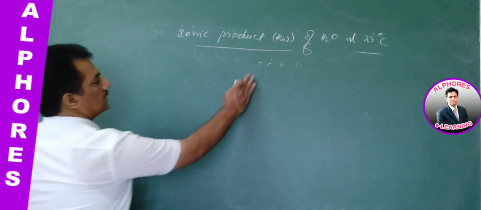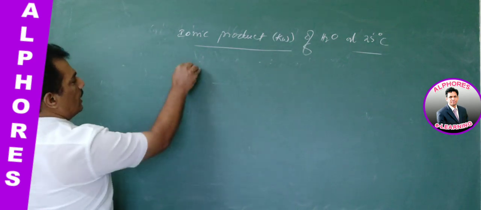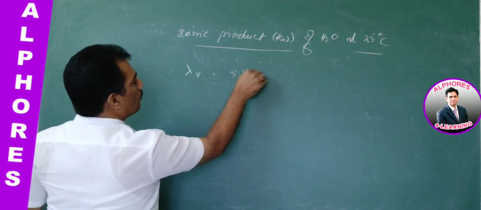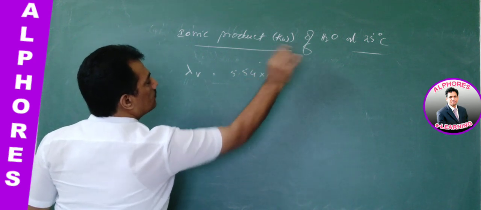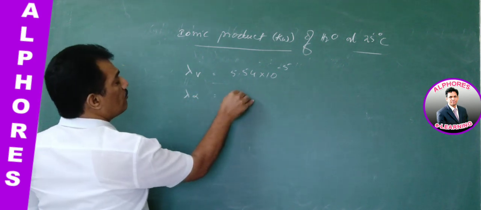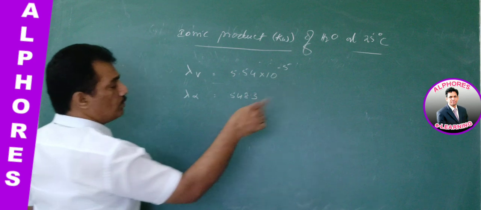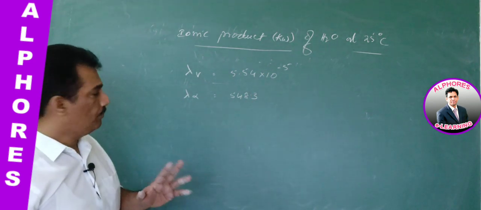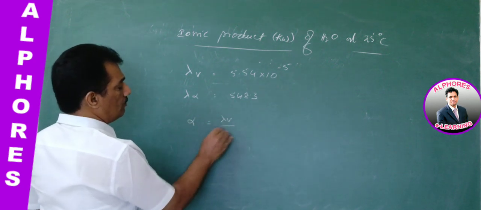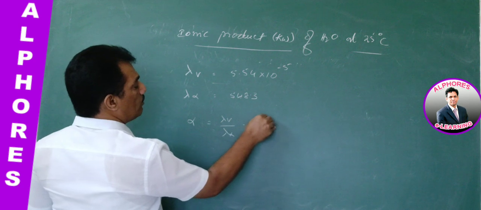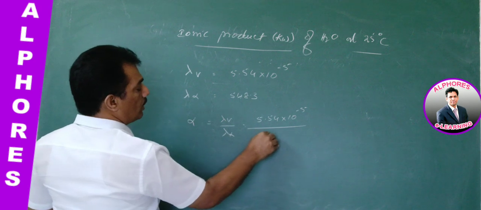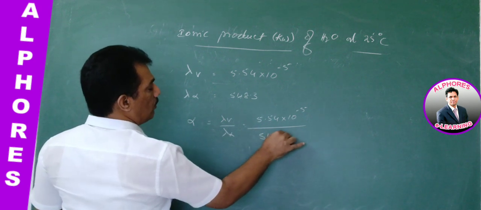For that purpose, lambda V is found to be 5.54 into 10 to the power of minus 5, and lambda infinite of water is found to be 548.3 ohm inverse centimeter squared per mole. Now alpha is lambda V by lambda infinite, that is 5.54 into 10 to the power of minus 5 by 548.3.